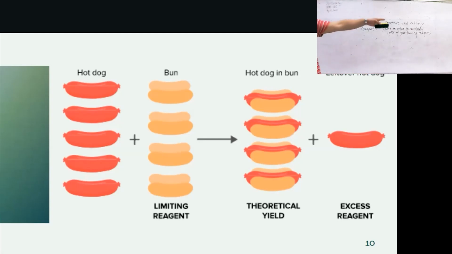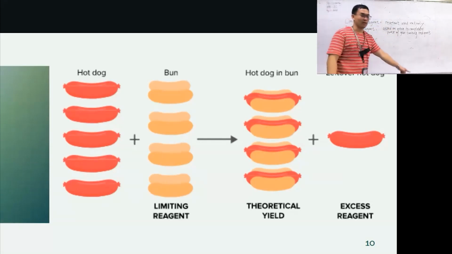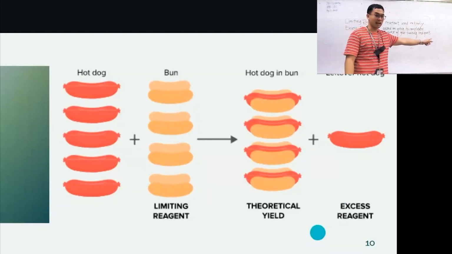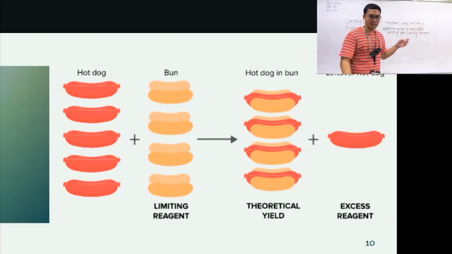So your buns would be your limiting reagent, because all the buns are used in the reaction. And you have a leftover hotdog, that's the excess reagent. As you can see, no bun is left, so every bun has a partner, but one hotdog has none.